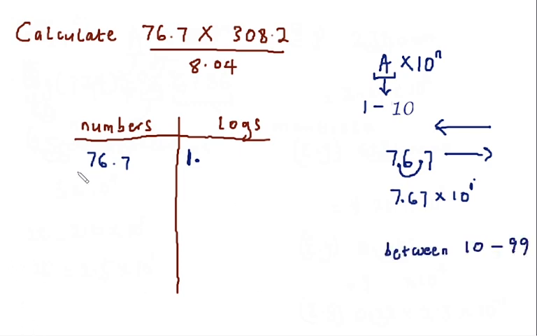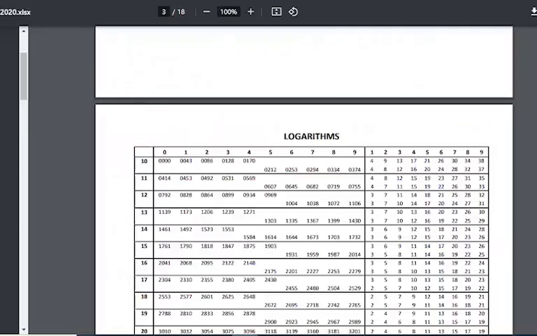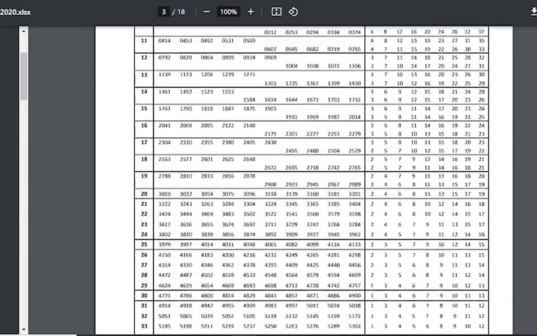So in this case, the number that falls between 10 and 99 is 76. So that's the first two digits. And then the next digit is 7. So we're going to the table with 76 and 7. If you go to the table and look for 76, scroll down a little bit.